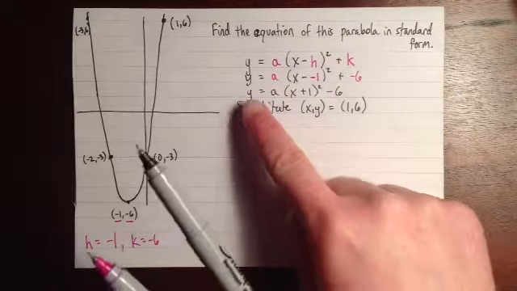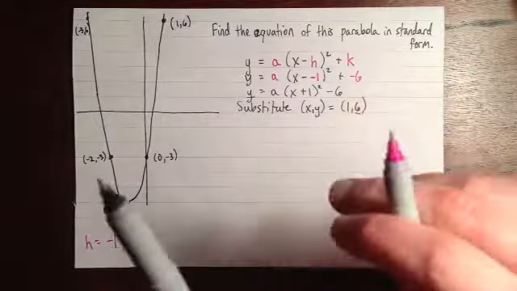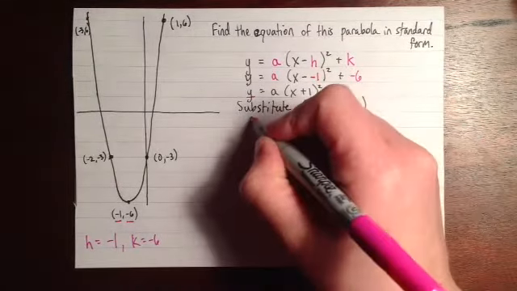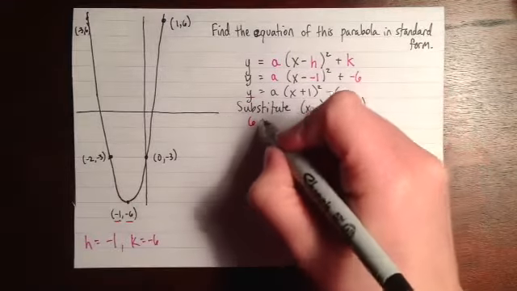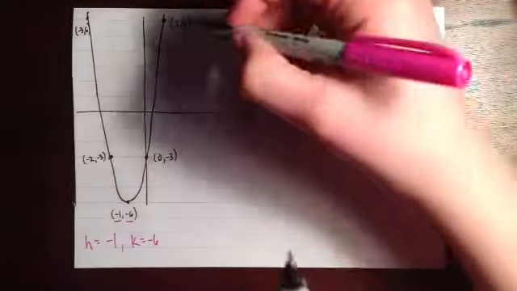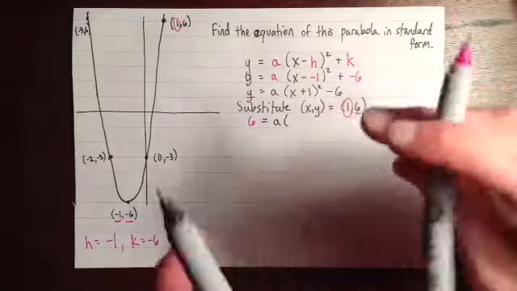For my y here, I'm going to replace y with 6. So I have 6 equals a times, and my x value here is going to be 1.